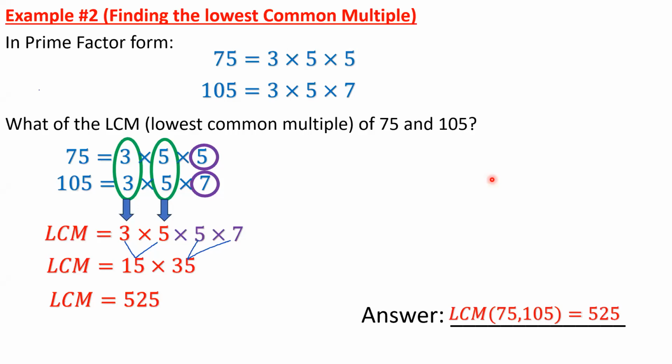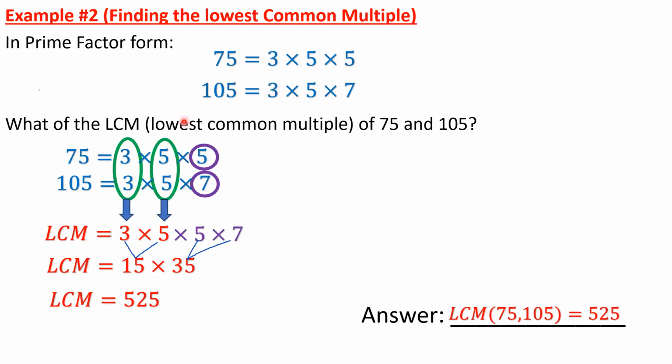Yes, sir. Do you understand how to get the LCM using the prime factorization method? Yes, sir. Okay, explain it for me, please. Start from the top. In prime factor form, find the lowest common multiple of 75 and 105. To get 75, you have to do 3 times 5 times 5. And for 105, 3 times 5 times 7.